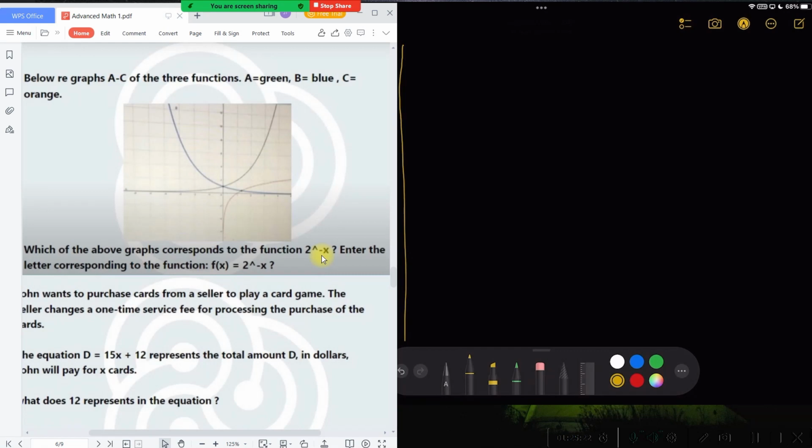Right, exactly. 2 to the power of minus x is actually equal to 1 over 2 to the power of x.